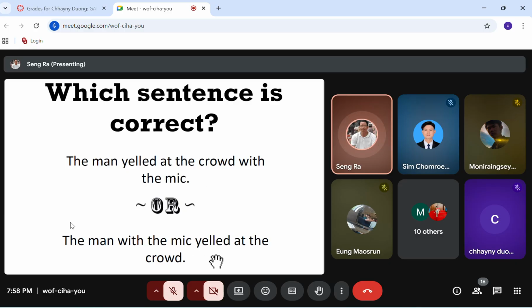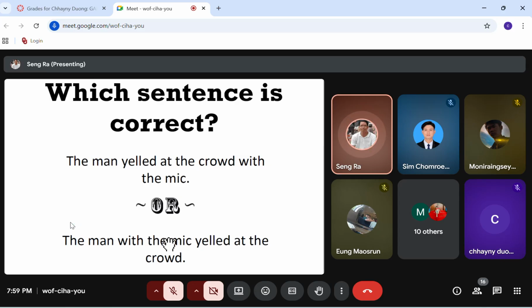So remember, if you want the modifier to modify a noun, and there are several nouns, which makes it confusing, you need to put the modifier as close as possible to the noun it modifies.